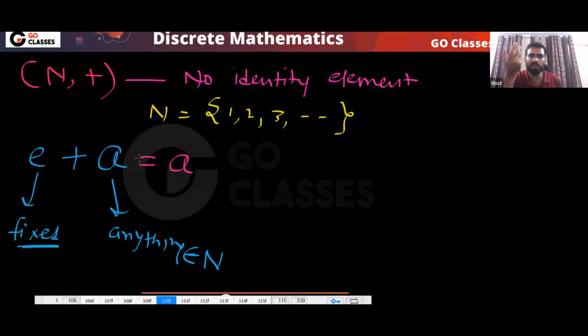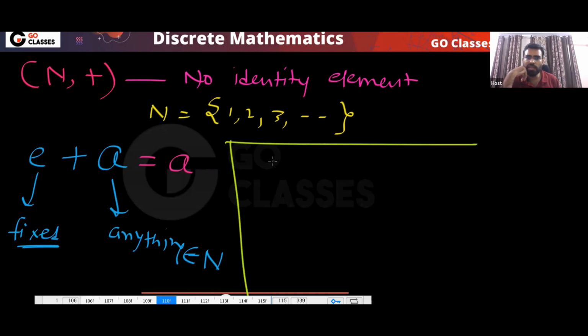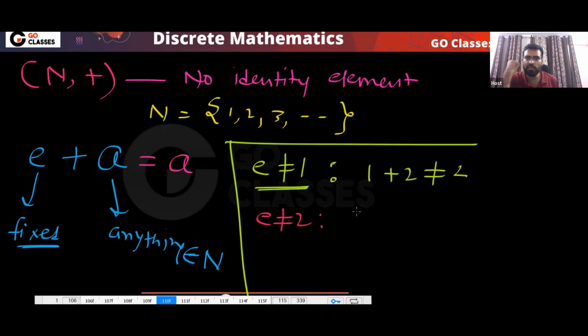No, because 1 is not identity: 1 plus 2 is not the same as 2. 2 is not identity either, because 2 plus 3 is not the same as 3. So we don't have any identity element.